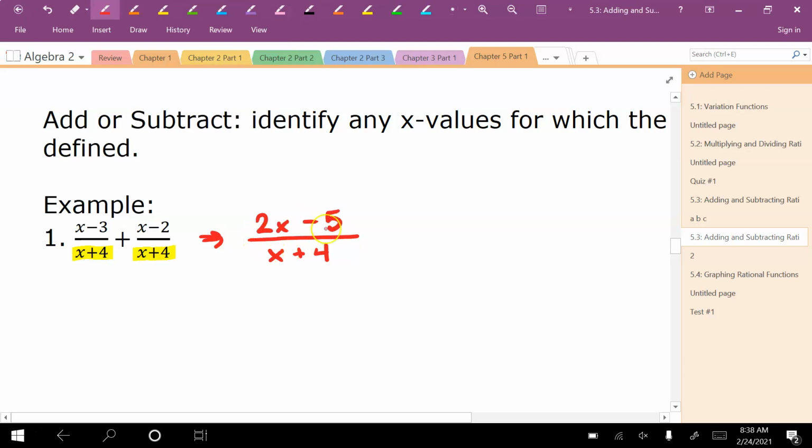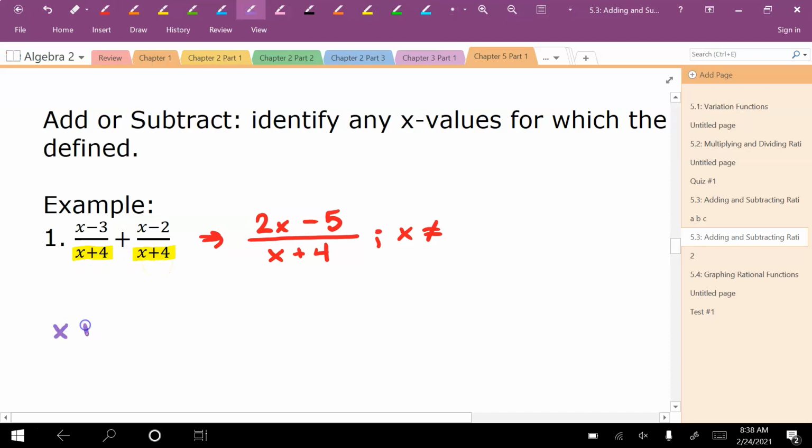Now I'm not going to be able to simplify that at all because I can't take a 2 out of both 2 and 5. So this is going to be my simplified answer, but I also need to include now what numbers x cannot equal. There's only one quantity in the denominator, which is x plus 4.